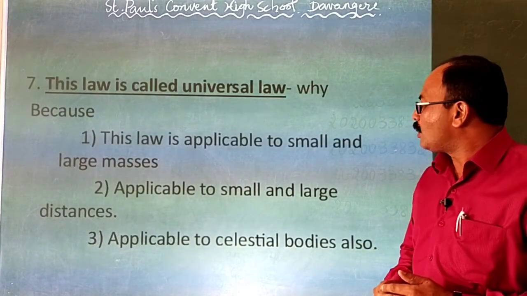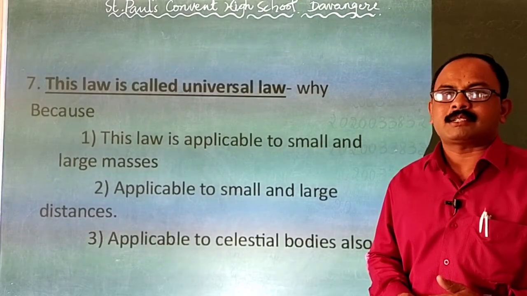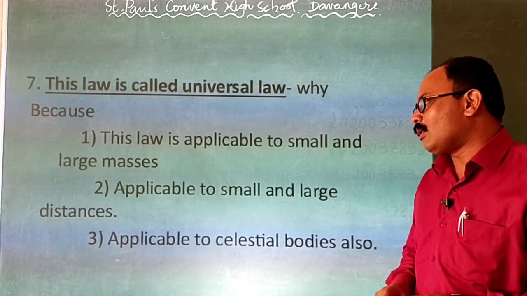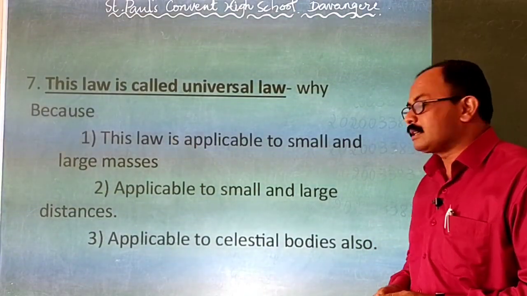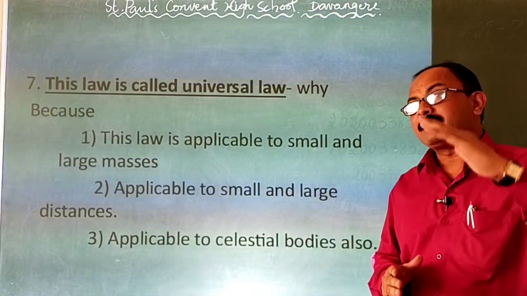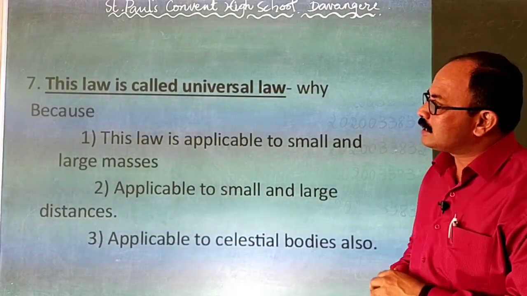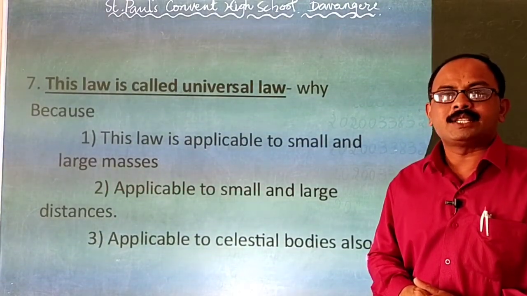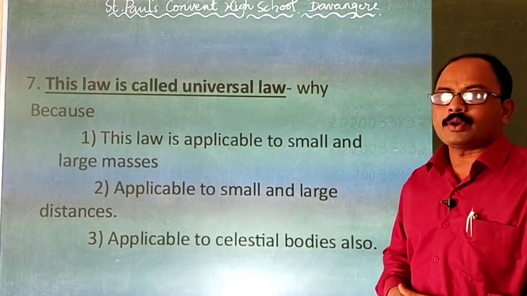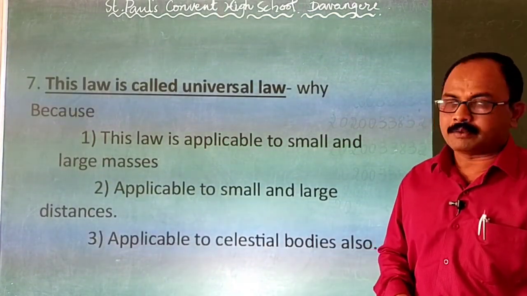This law is also applicable to small and large distances. This law is also applicable to celestial bodies, not only on this planet, even to outer space. Therefore, these are the three reasons why this law is called the universal law of gravitation.